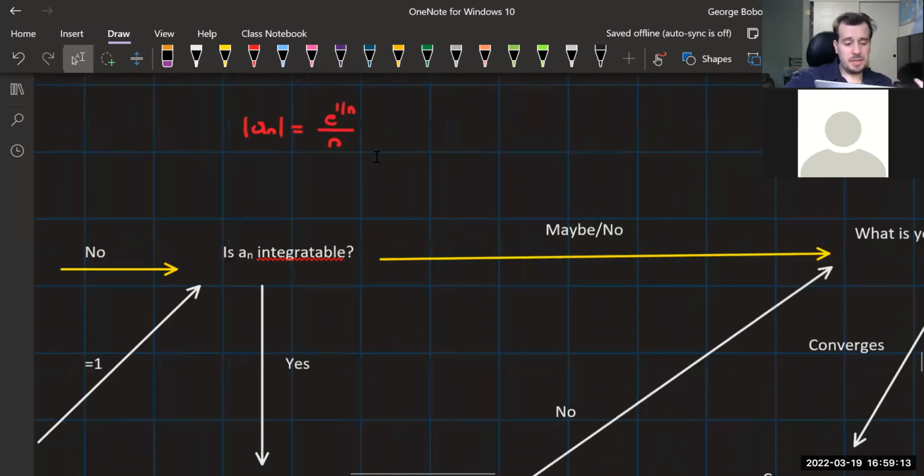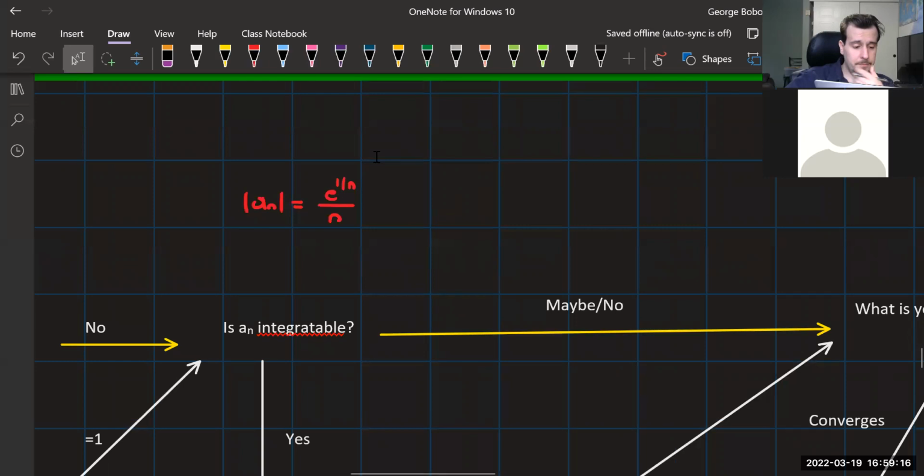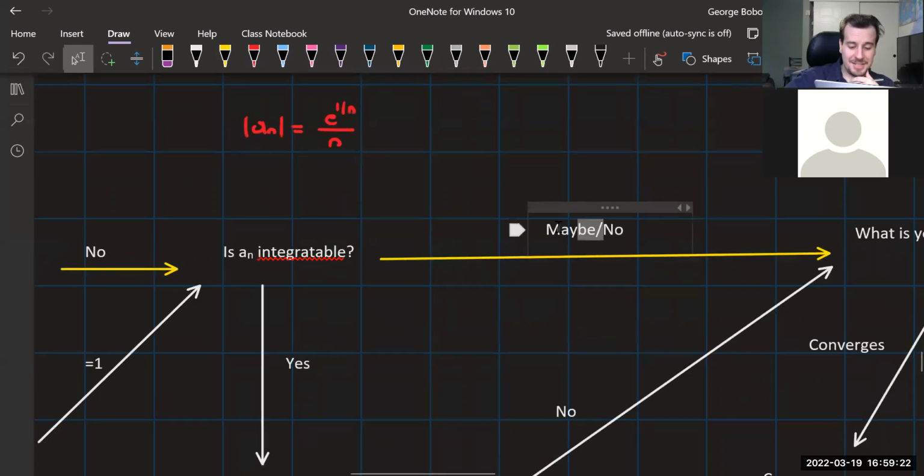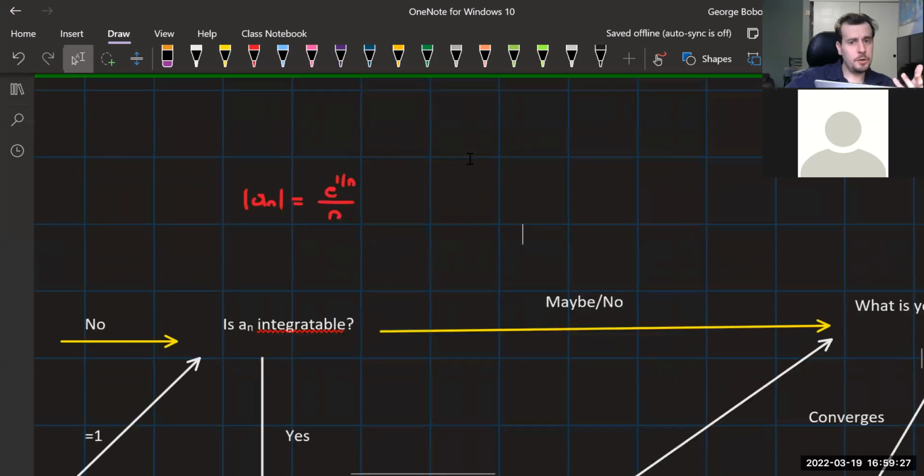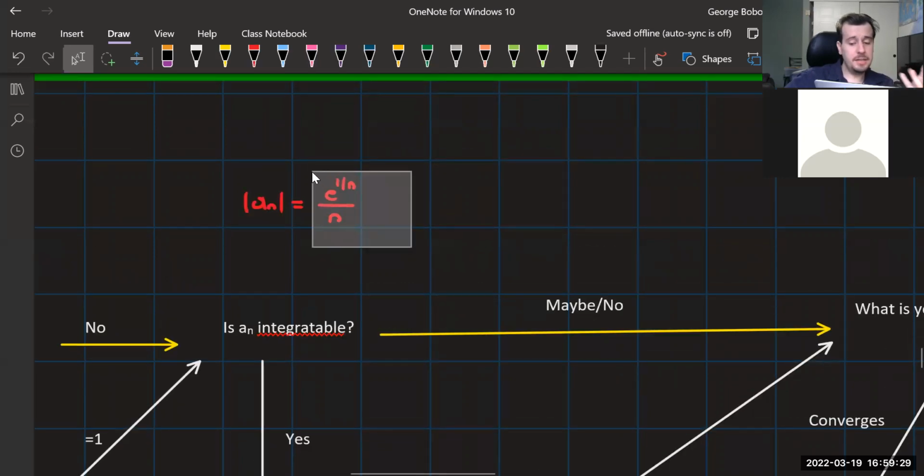Is it easily integrable? Not really. You see, I have an option here that says maybe, right? And I'll tell you why. Because you might not be sure when you look at this immediately if it's easily integrable, right? So I leave you the option of saying maybe, okay?